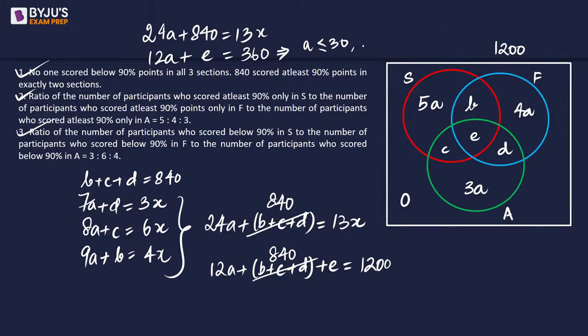And accordingly, E is going to be greater than equal to 0 and at most 360. Right? Okay. If we are going to take that, what is the maximum value?